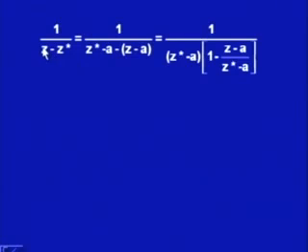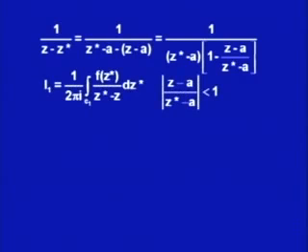Now, to evaluate these two integrals, I will write 1 upon z minus z star as 1 upon z star minus a minus (z minus a), by adding and subtracting a in the denominator, and then z star minus a is taken outside and we will have 1 minus (z minus a) divided by (z star minus a).